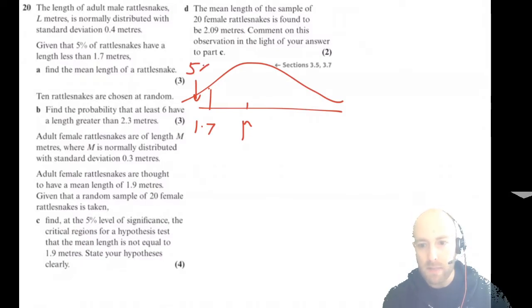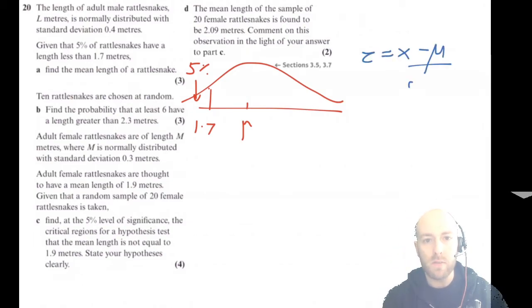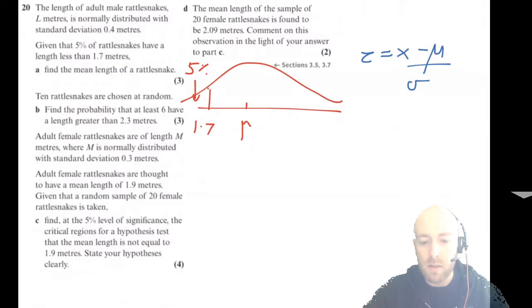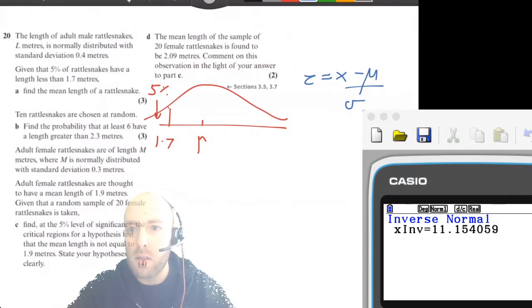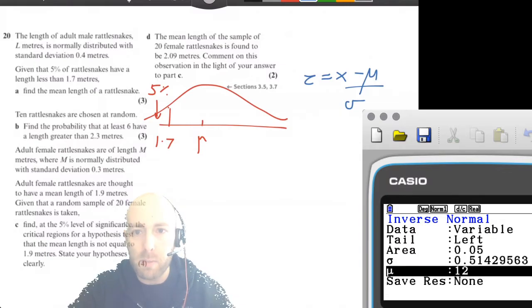So we're going to find the Z value that corresponds to 5%, and then we're going to use Z equals X minus mu over sigma and rearrange it to find mu. So if we bring back the calculator, it's going to be inverse normal because we know the probability and we want to find the value.